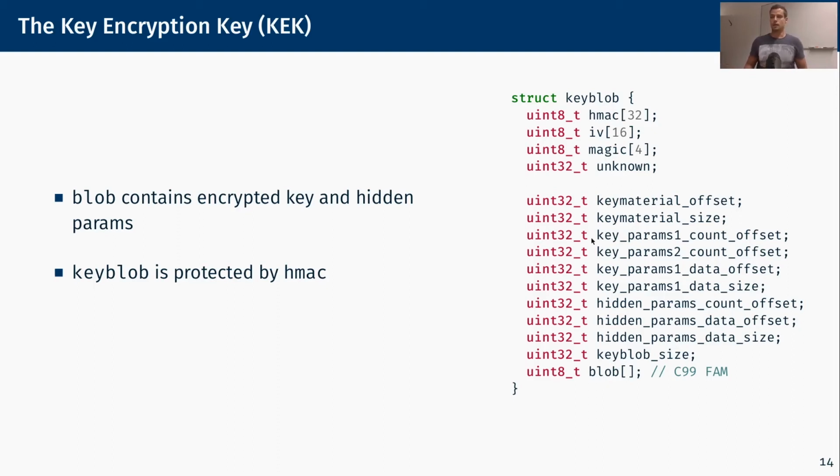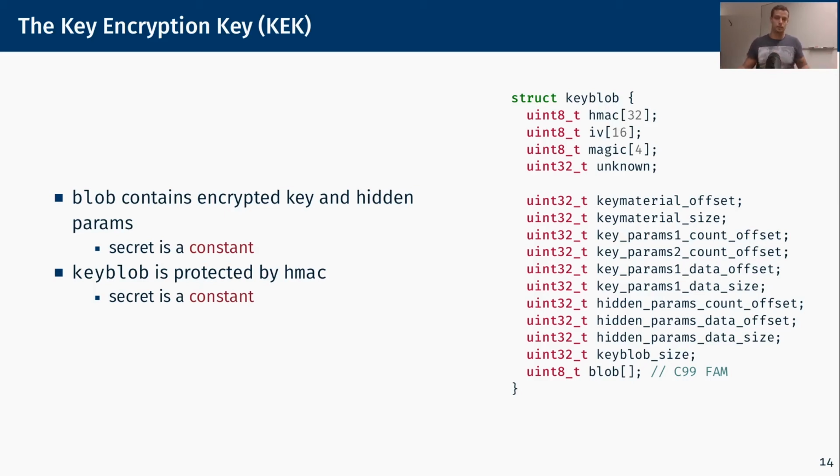And of course, for the HMAC you need a secret, and to perform this encryption down here you need a secret too. And during our research we have found that both of these secrets, for the HMAC and for this hidden part in the blob member, are constant. And they're not only constant, they're also readily available from the firmware image. You don't even need a device to access them.